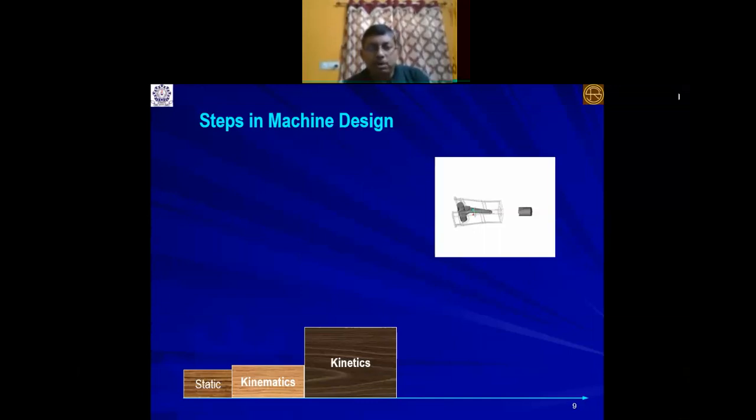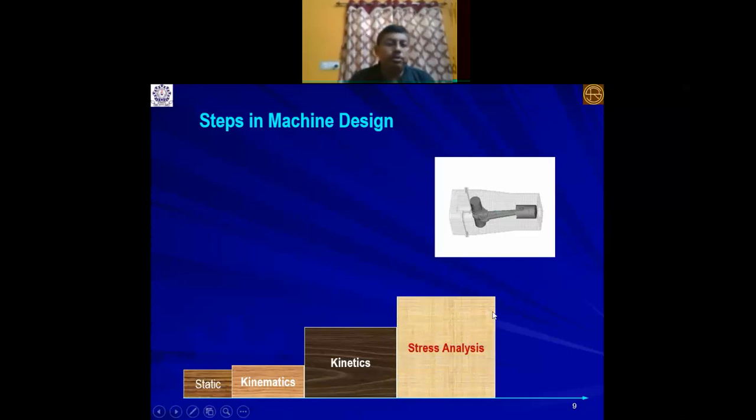So once you solve the kinetics, after solving the kinetics, you get the force and torque, and that will be input for your internal effect analysis, that means stress analysis, where finite element is required.